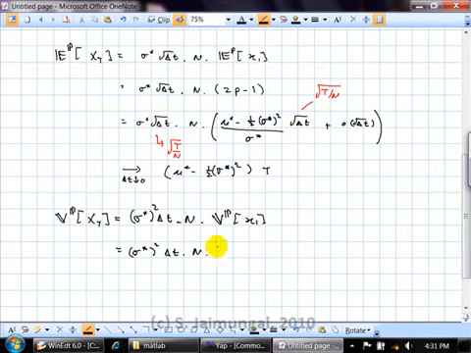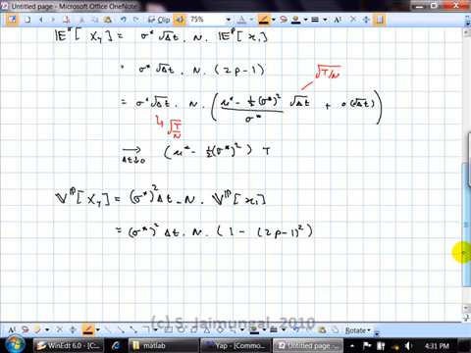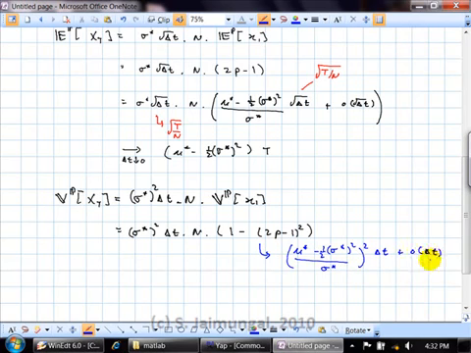So the variance of this guy is 1 minus 2p minus 1 all squared. Okay? And I'll remind you again, this 2p minus 1 all squared is going to be this. It will be that.